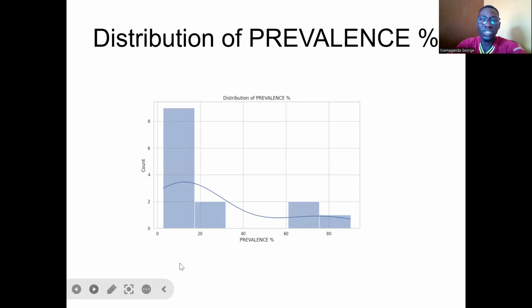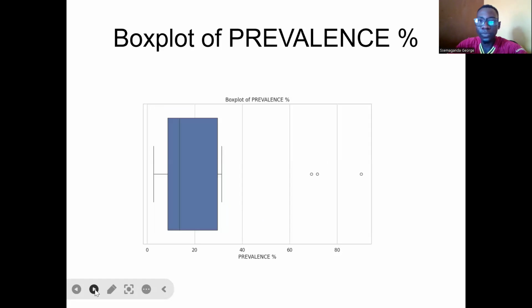So if I continue further, this was the distribution of prevalence, or the count for the participants in this statistics analysis.